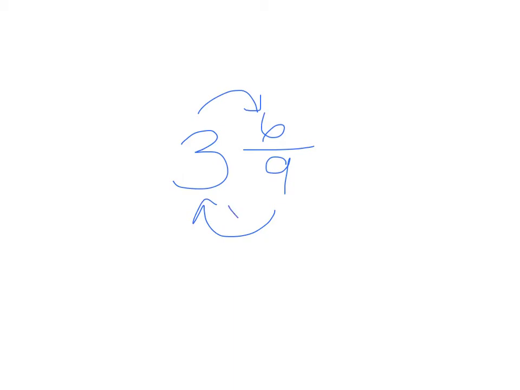Let's go ahead and do the next two examples together. The next one is 3 and 6/9. So we're going to do the windmill again. We're going to multiply and then add. We multiply our denominator by our whole number. So 9 times 3 equals 27. And then I'm going to add my numerator. 27 plus 6 is 33.